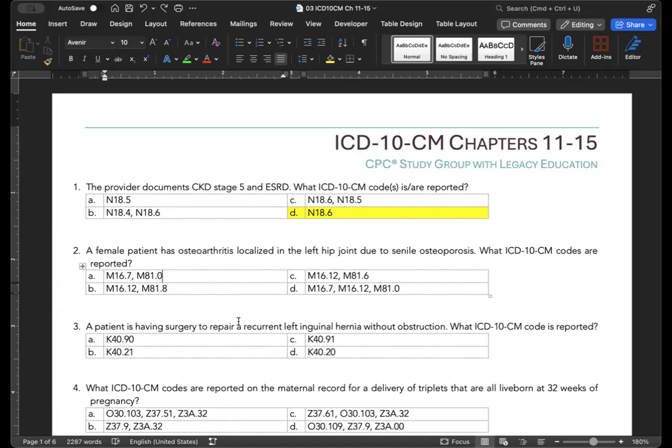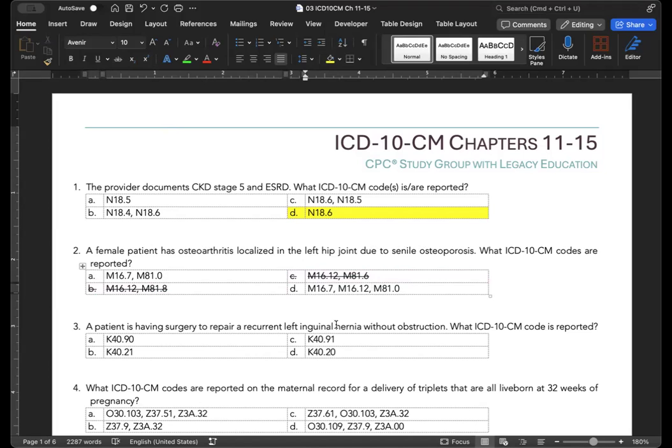M16.12 is unilateral primary osteoarthritis. So we're not going to use primary, right? Because it's due to senile osteoporosis. So we should be using M16.7. Sorry, that's my bad. I got a little happy with my answer there.